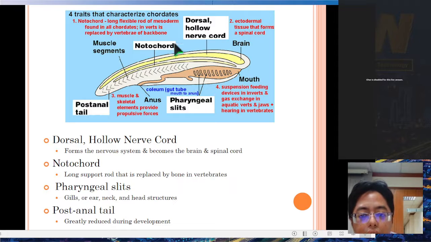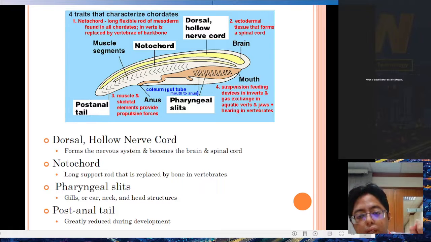Okay, so here is how all of the chordates look at one stage of their lives. For humans, when do we actually look like this? When we are a fetus. After we become a zygote, the sperm and the ovum meet, they form a ball of cells, and then you have the blastula.